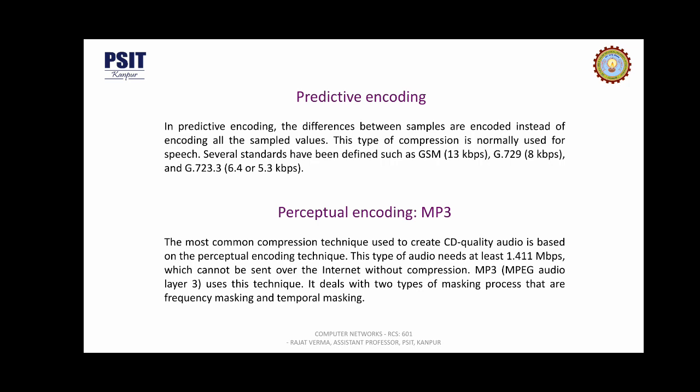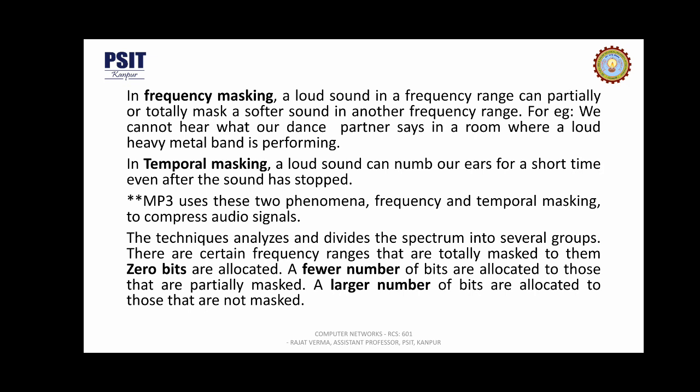In frequency masking, a loud sound in a frequency range can partially or totally mask a softer sound in another frequency range. For example, we cannot hear what our dance partner says in a room where a loud heavy metal band is performing.